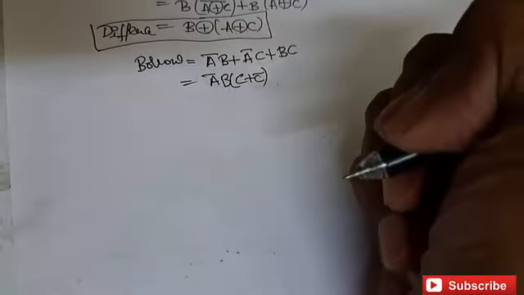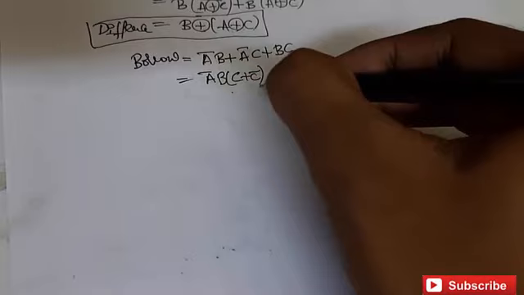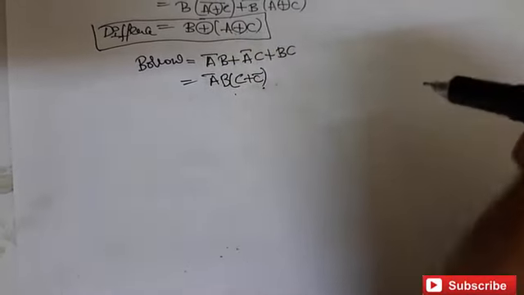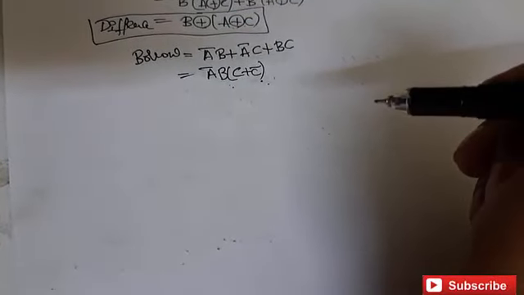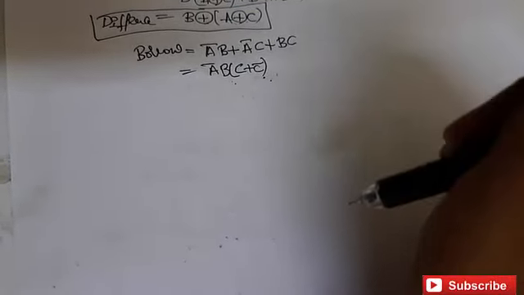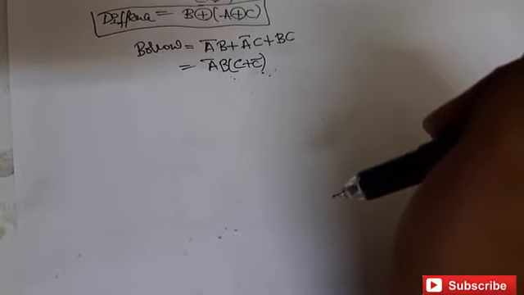Here if you take A bar B, A and B are there, C will be missing, hence you can take C plus C bar. C plus C bar is equal to 1, so A bar B into 1 gives A bar B. No mismatches or wrong information will happen there.